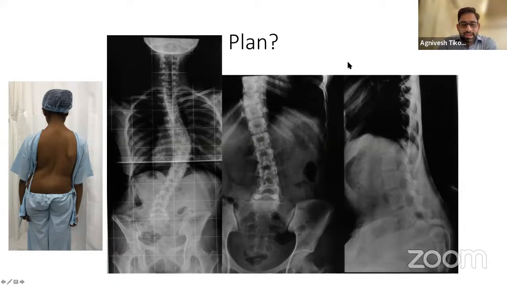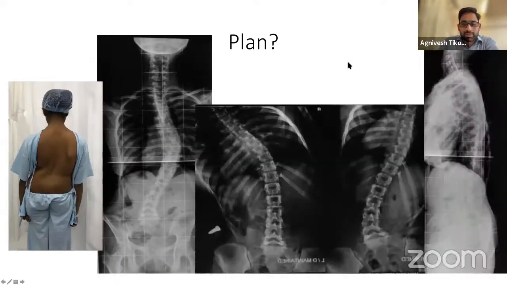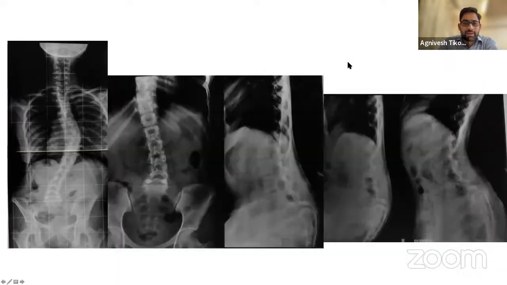So one thing I am happy about is that this is a postural scoliosis, so I am not looking at a bigger surgery and wondering what I will be doing at the tail end of the construct. And second, in these X-rays it seems to be a bit mobile and coming back. So that gives a sign of relief that if this is reducing in an awake position, it's going to be better when the patient is under GA and positioned.